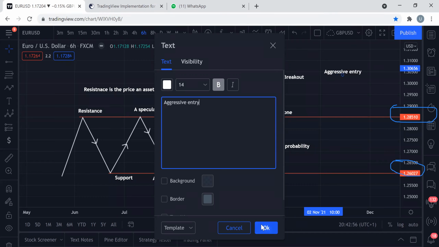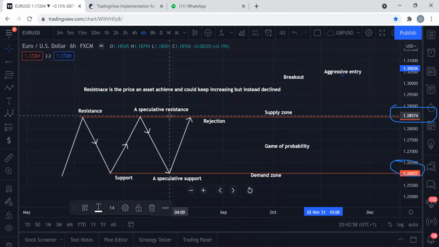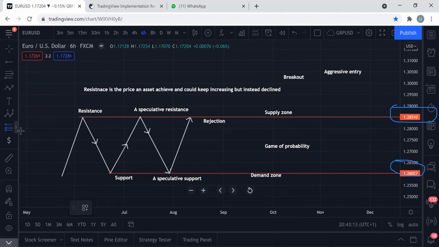Now, if you want to do an aggressive entry, that means you are not seeing it as a game of probability anymore. You have some other confluence. There's something we call confluence in forex. So you have other confluence that at this area price is going to reject. You can easily place your sell limit order on this level.